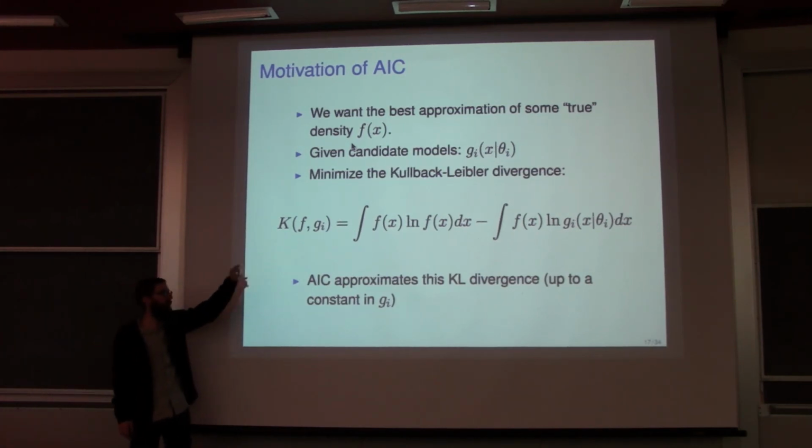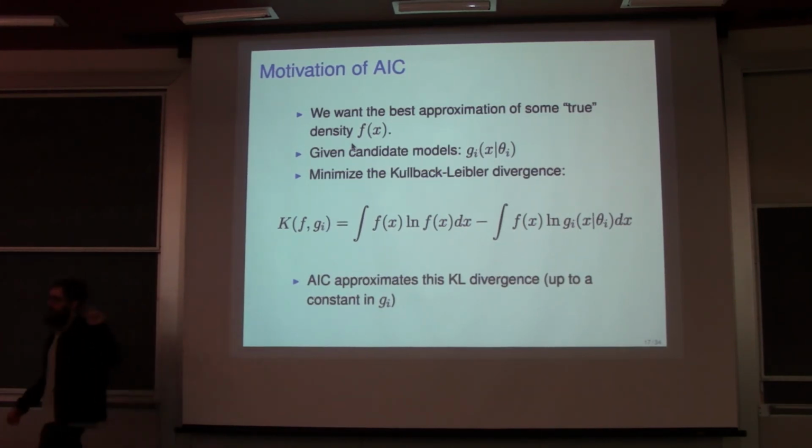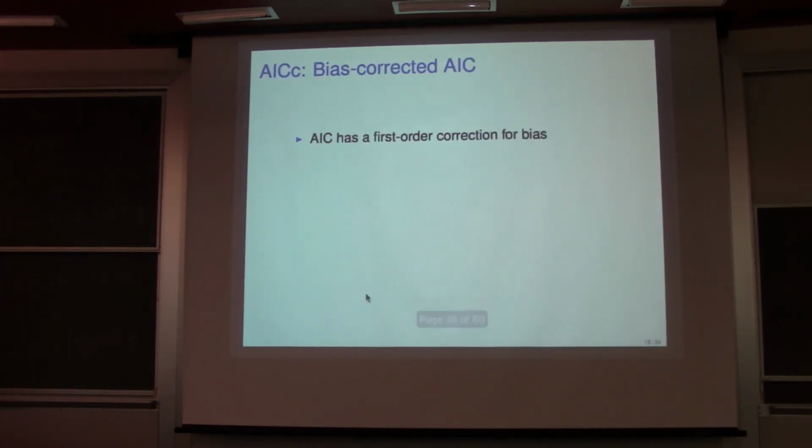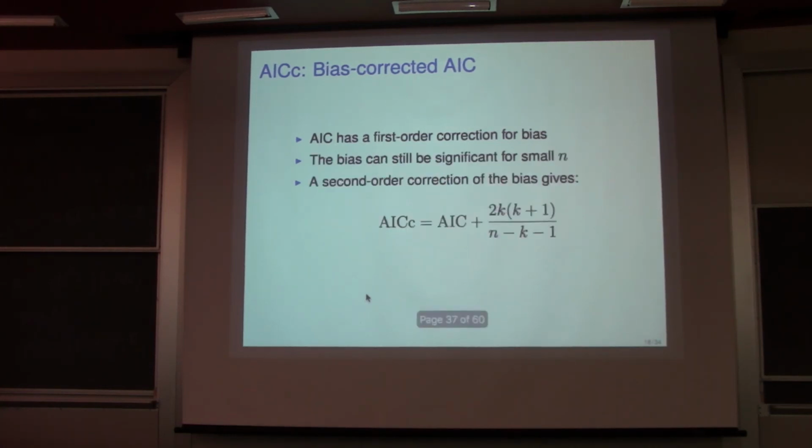That's what you're doing, and again, I won't go through the hairy details of how you set up the approximations to show that it's only off by a constant. But that's the nature of it. I won't mention this too much, but there's a bias in the AIC.